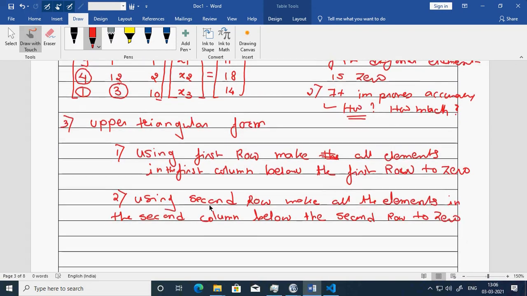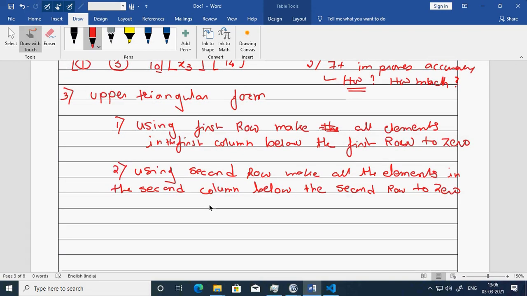Now here we have the 3 by 3 system. We could have 10 by 10, 100 by 100. In FEM and CFD, we could have a larger system, 1 lakh by 1 lakh. So we talk in terms of nth row and nth column.